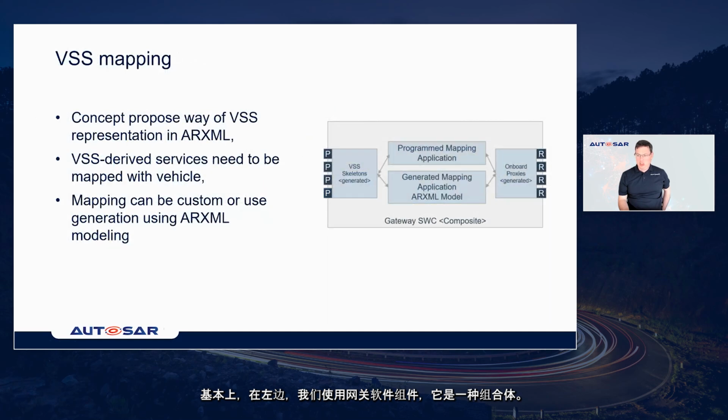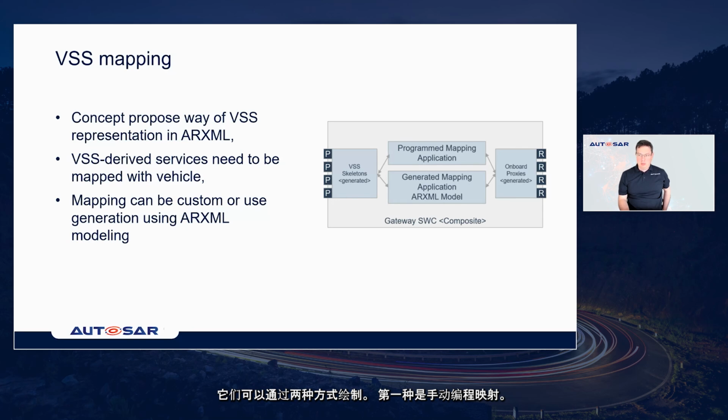So basically, on the left, we use a gateway software component, which is some kind of composition. On the left side, we have P-ports of VSS derived service interface skeletons, which are generated using existing tooling. On the right side, we have required ports of the onboard proxies.